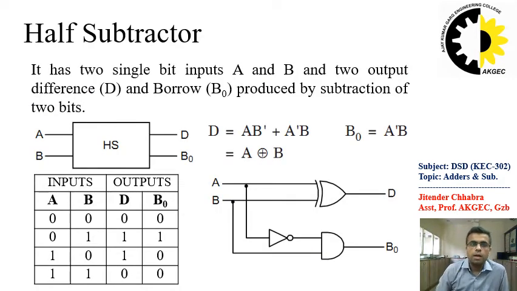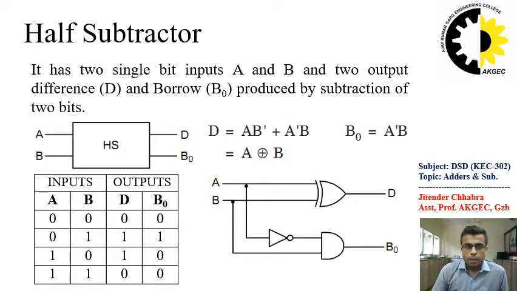Similar to the half adder, this half subtractor is capable of subtracting two single bit numbers. These two single bit numbers are again A and B, and there are two outputs, difference and borrow. Like in the adder case, we have sum and carry, but in the subtractor we have difference and borrow.